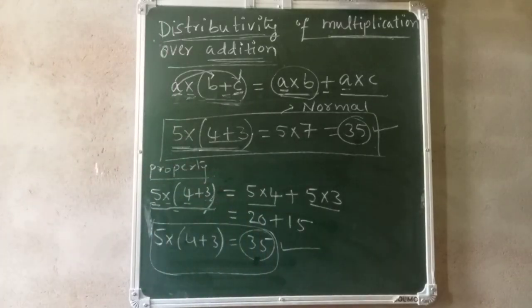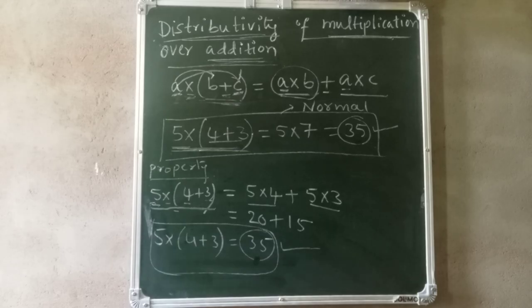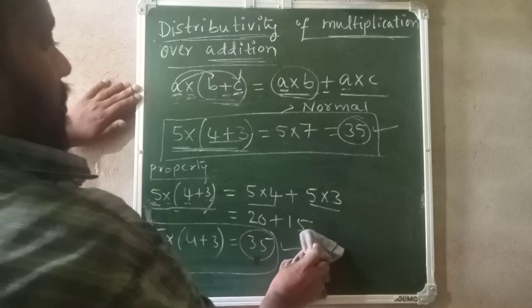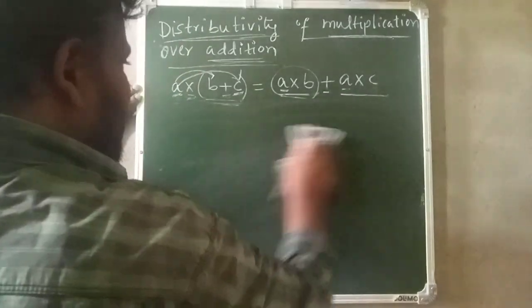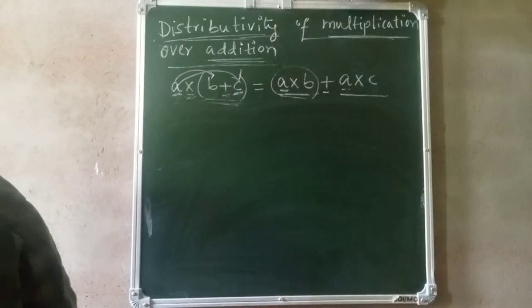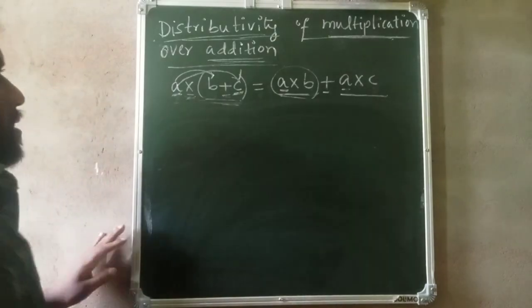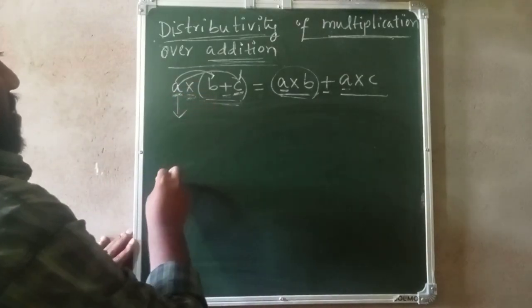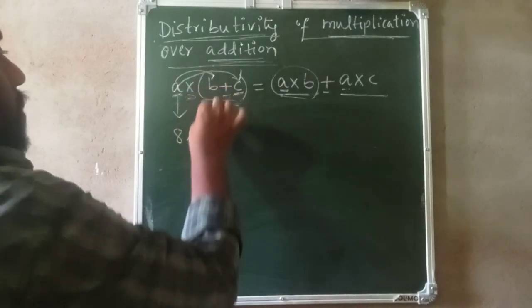Next I will take another example. In place of A I will take 8 into bracket.